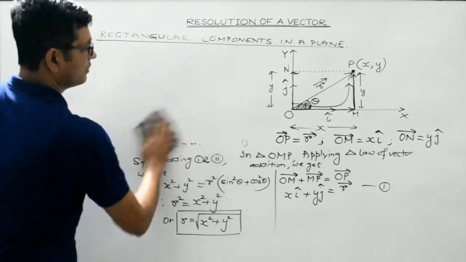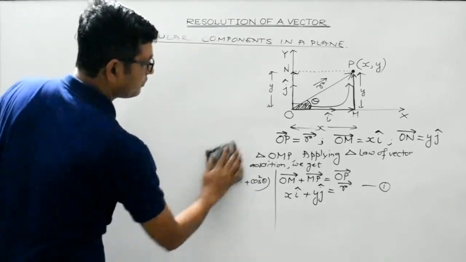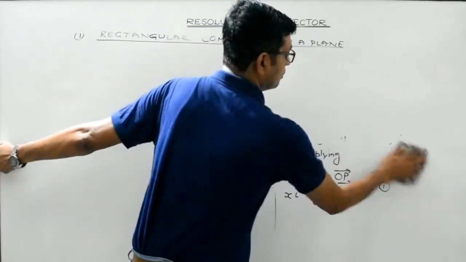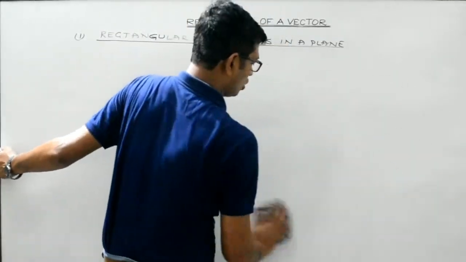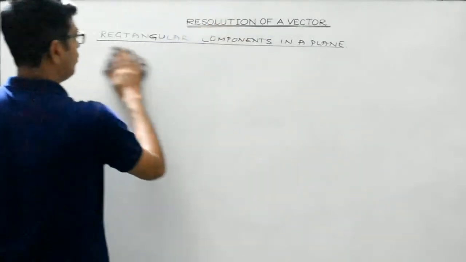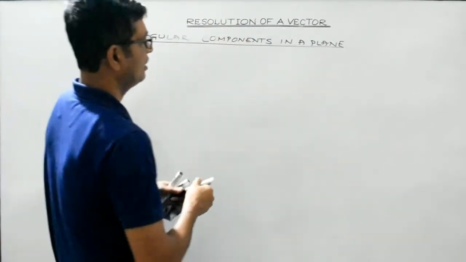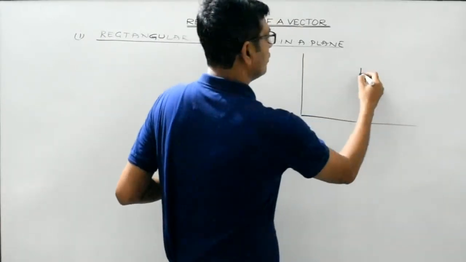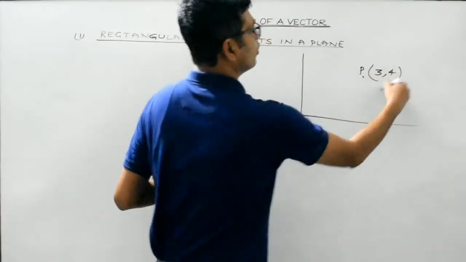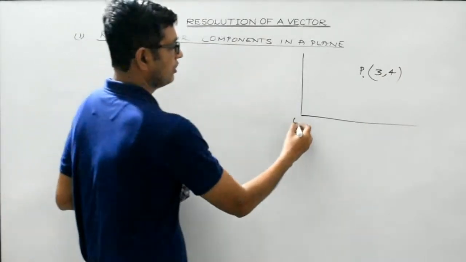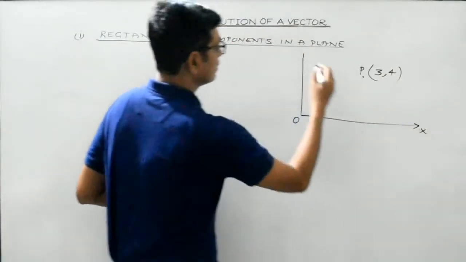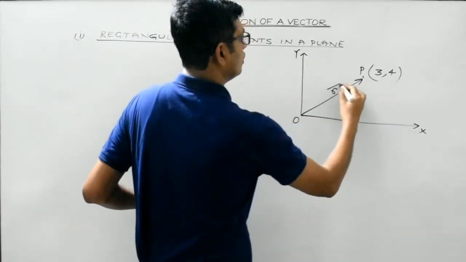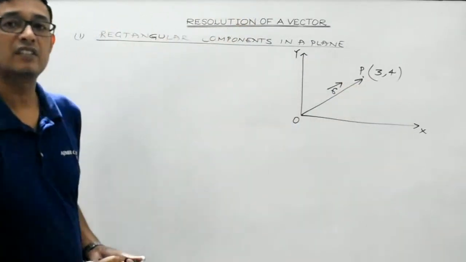Let us consider a body to be positioned at point Q and having coordinates of 3 and 4. Right? This is the origin. This is x-axis. This is y-axis. So, what will be its displacement?